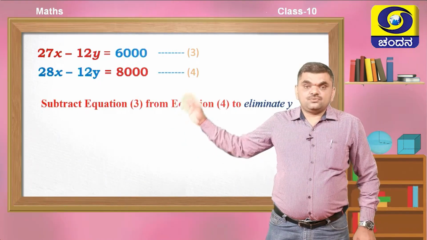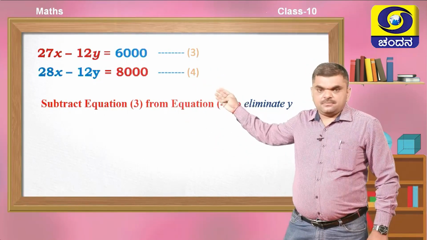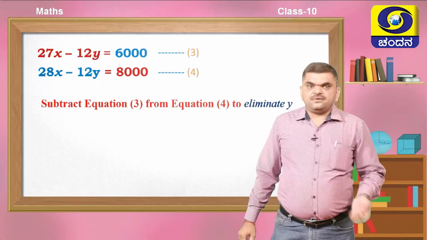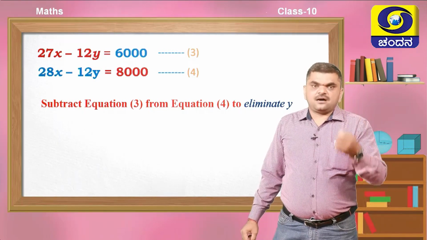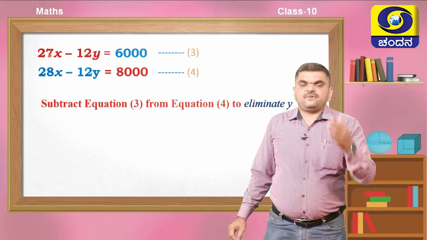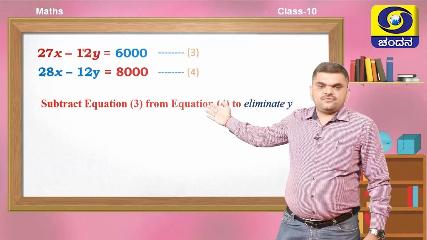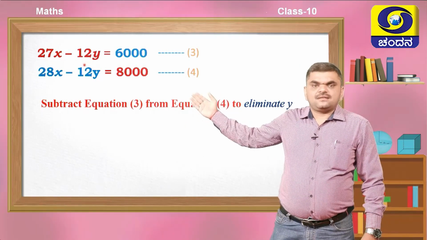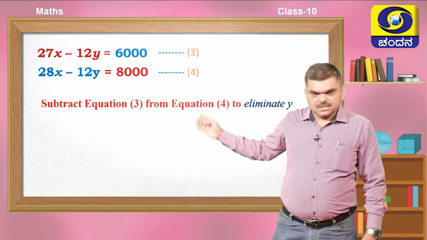Let us call these equation number 3 and equation number 4. Now observe here, children, even when I multiply to make the coefficient of y equal, the signs are also minus only.